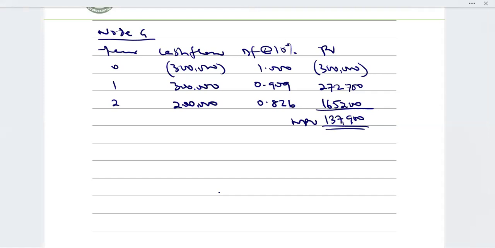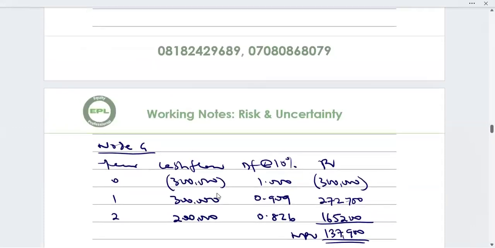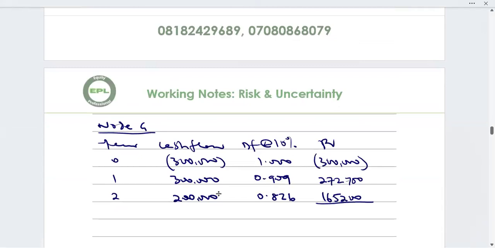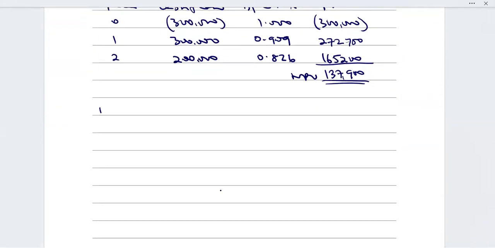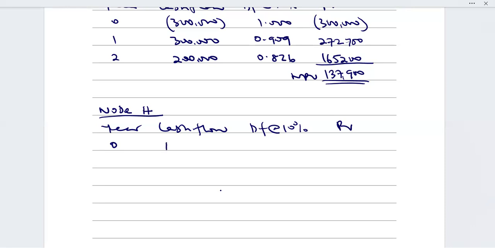Node I? I've done F. F, G, H. Node H. Cash flow, 10%. 300,000 multiplied by 1.